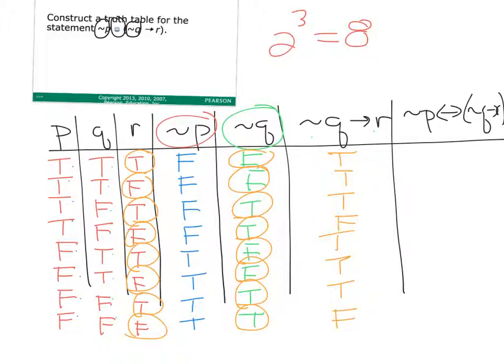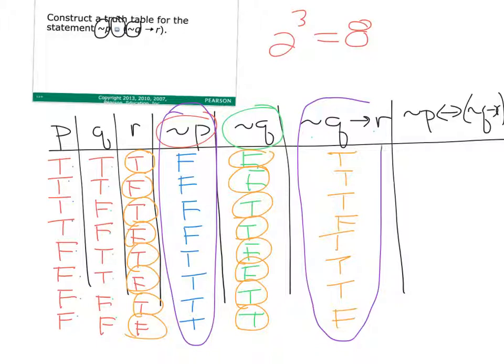Okay, now you've got to put it together. You have to take the not P column, which is this one, and you have to take the not Q implies R column, and you have to do the if and only if statement with it. So remember, as long as they have the same symbol, you get to write true.